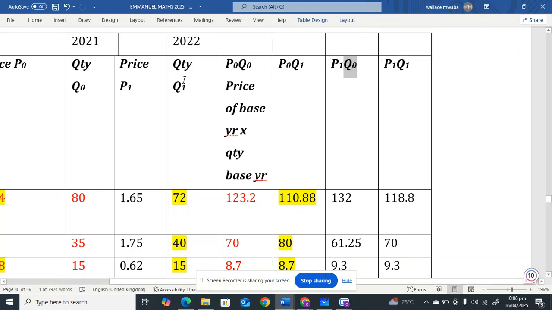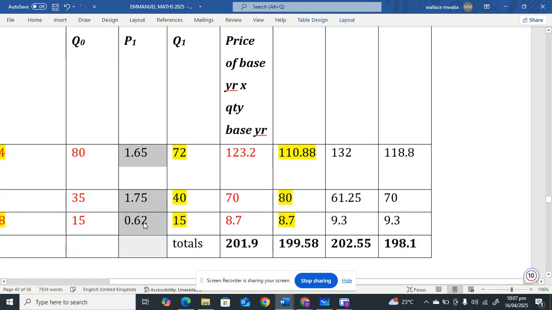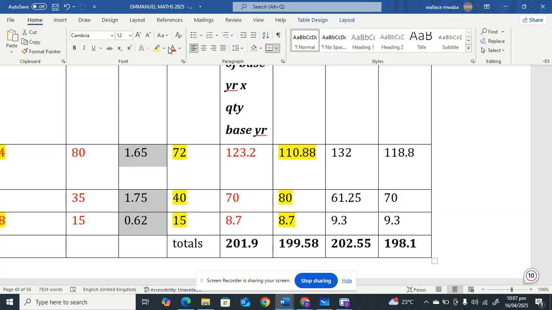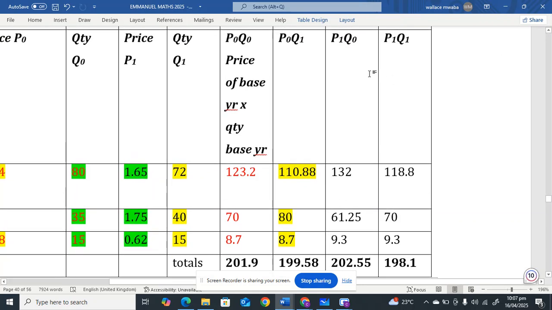So these prices for 2022 are multiplied by these quantities here for 2021. So 80 times 1.65. Okay. 35 times 1.75.